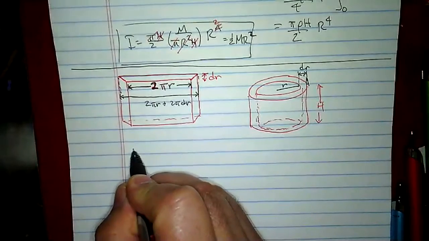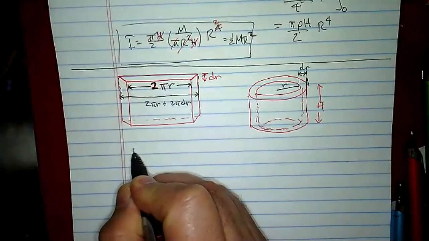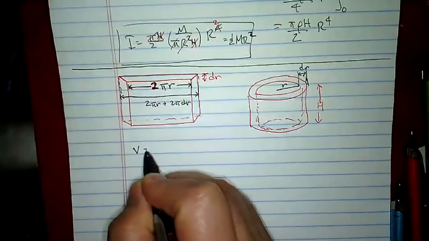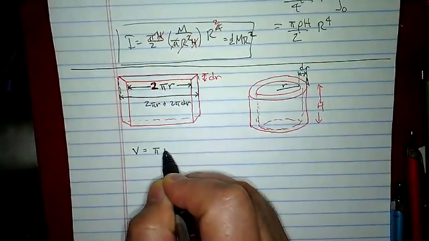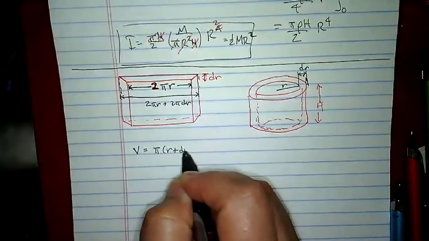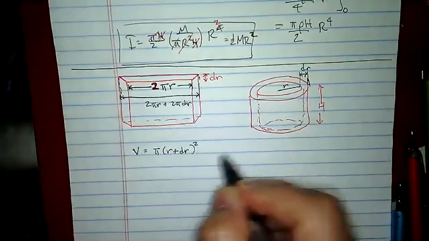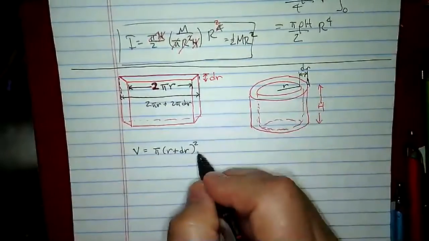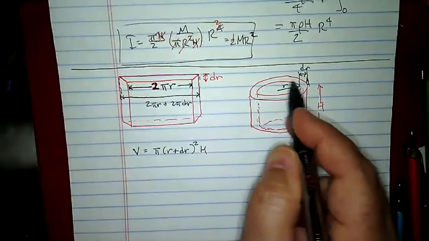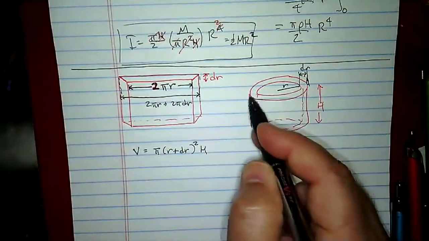So this is a cylinder with the middle cylinder cut out. We know the volume of the cylinder is pi times (r plus dr), that's the radius of the outer cylinder, squared, times h. That's the whole volume inside of this red outer line.